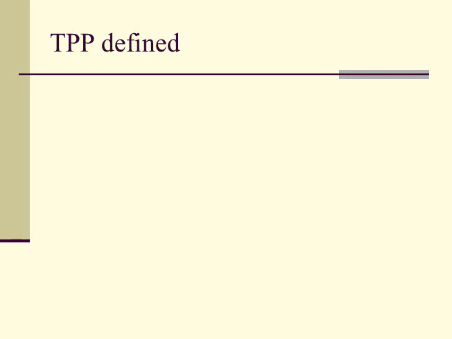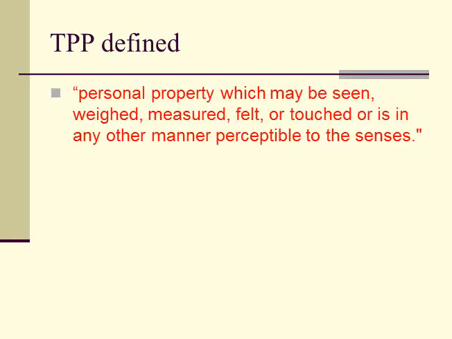If state statutes declare that all tangible personal property is taxable unless specifically exempt, then it is critical to know how tangible personal property is defined. Tangible personal property is usually defined as personal property which may be seen, weighed, measured, felt, or touched, or is in any other manner perceptible to the senses.